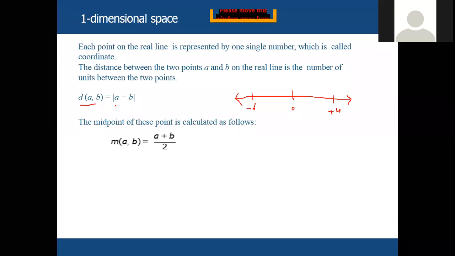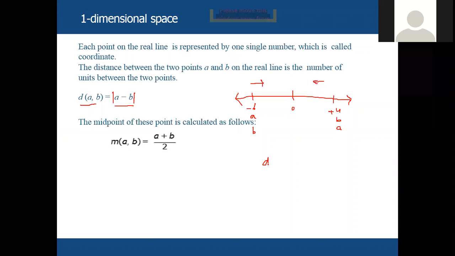We use the absolute value of a minus b. You can take a as minus 6 and b as plus 4, or a as plus 4 and b as minus 6, and both will give you the same result because this is distance. If you count from this side or from this side, the distance will be the same.